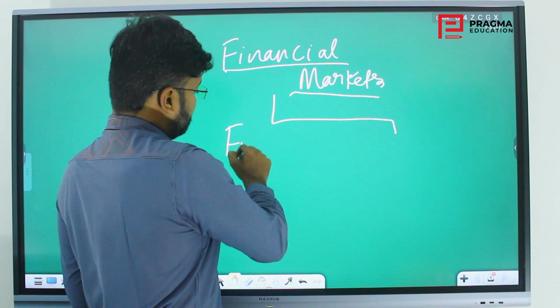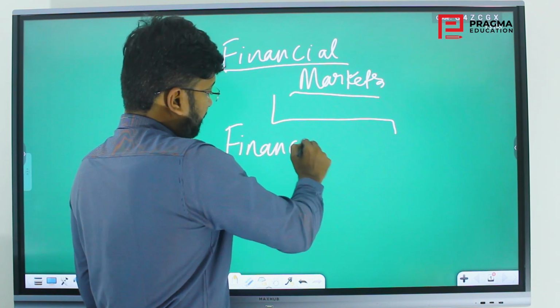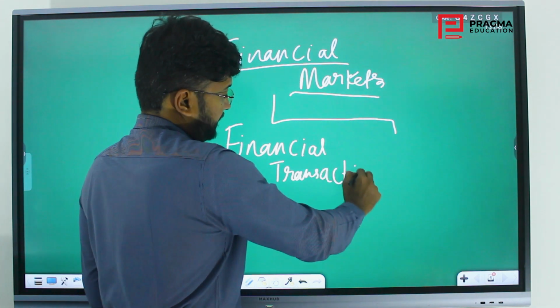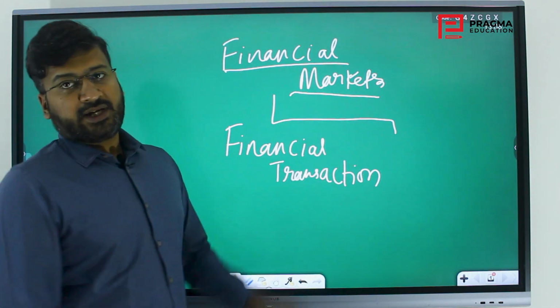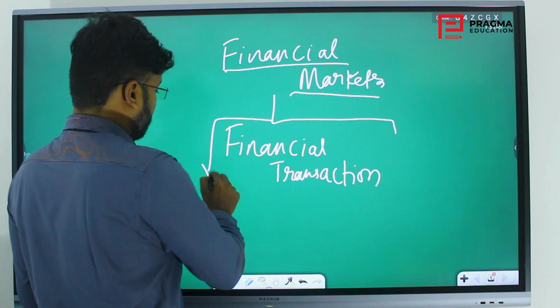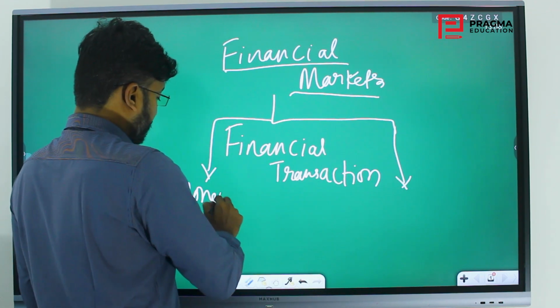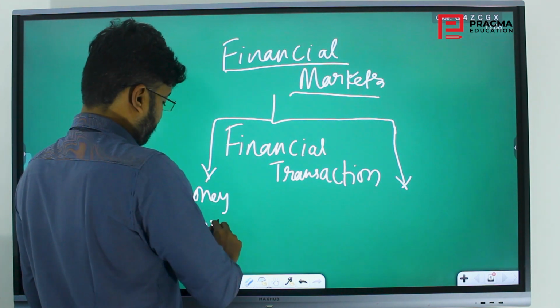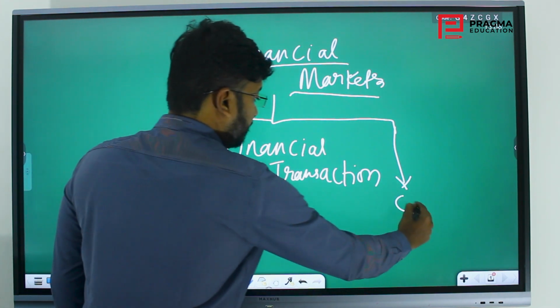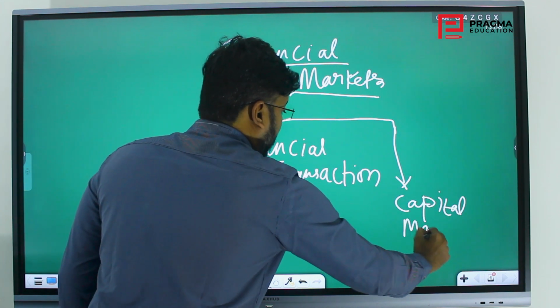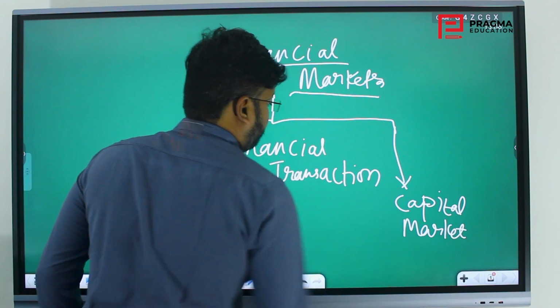Financial markets is the place where the financial transactions take place. They are basically two types. One is money market, the second one is capital market.